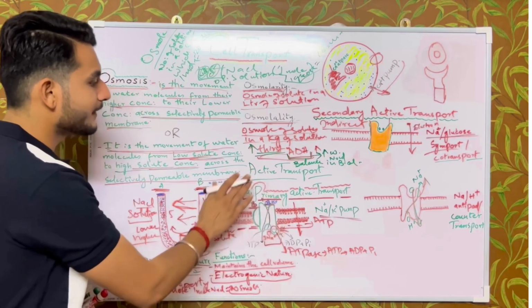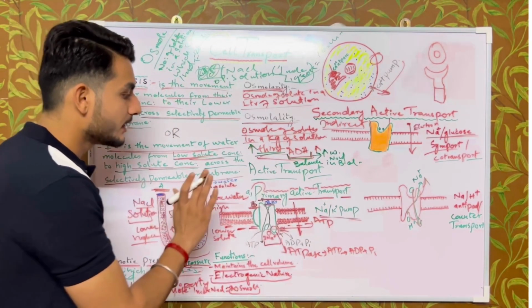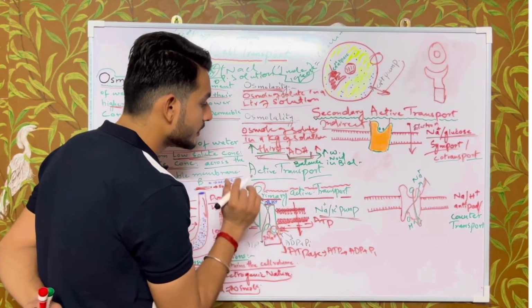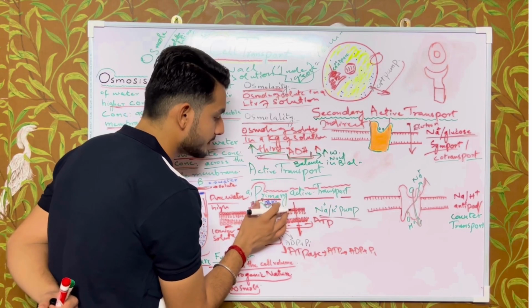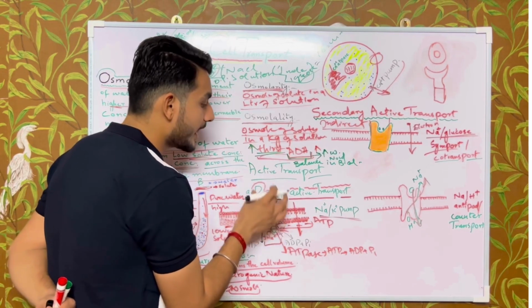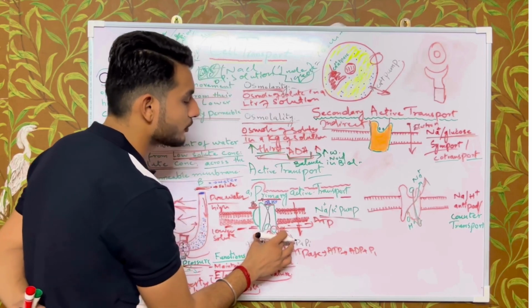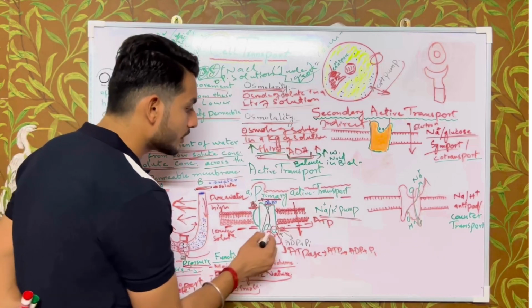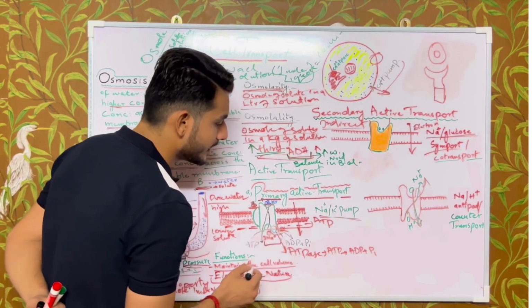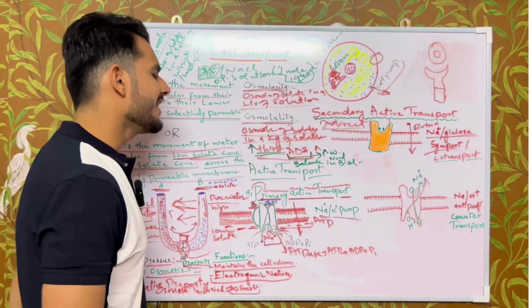The alpha unit has two binding sites for potassium at its outer portion, and three binding sites for sodium at its inner portion. It has a molecular site as well, which performs the function of ATPase.